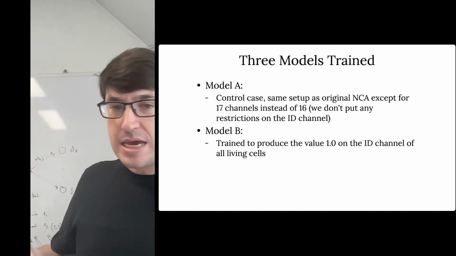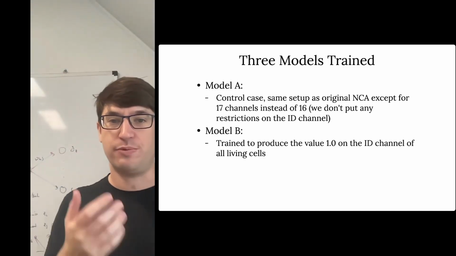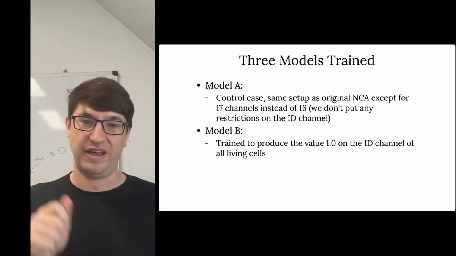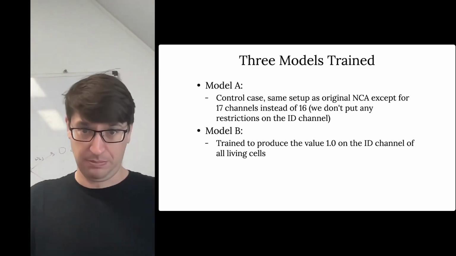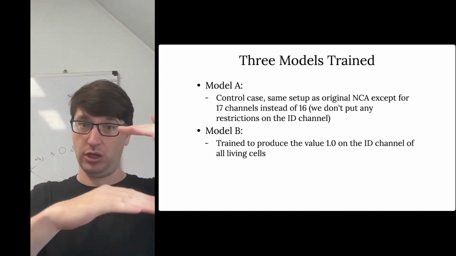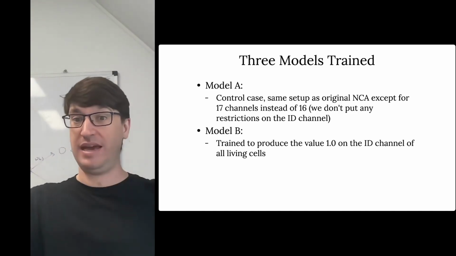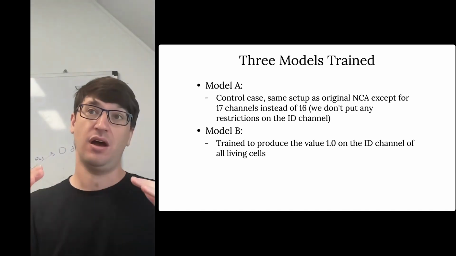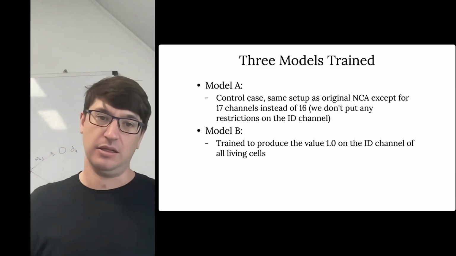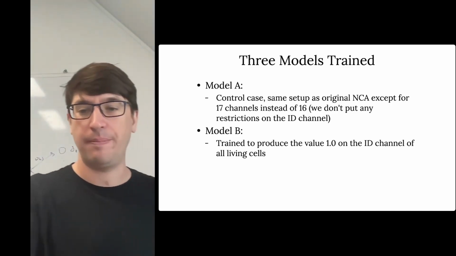We trained model B. This one, we trained to produce the value 1 on the ID channel of every living cell. Simple as that. When we do the loss function, we include the ID function and we make that entire layer 1s for every living cell. If it's a dead cell, it doesn't pay attention to it anyway.